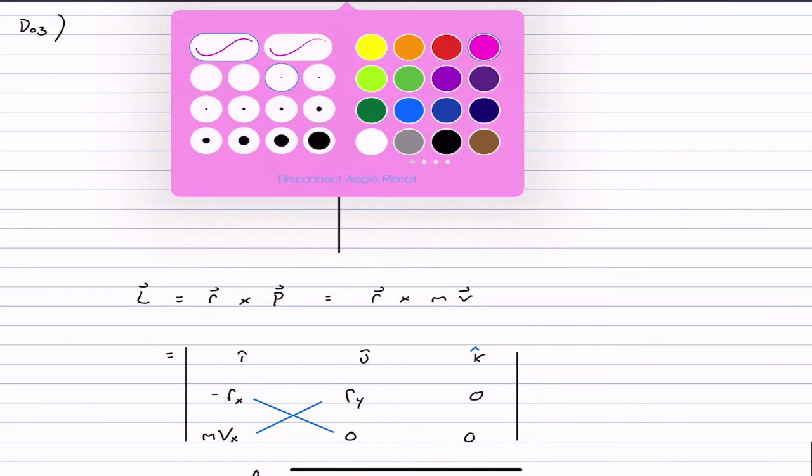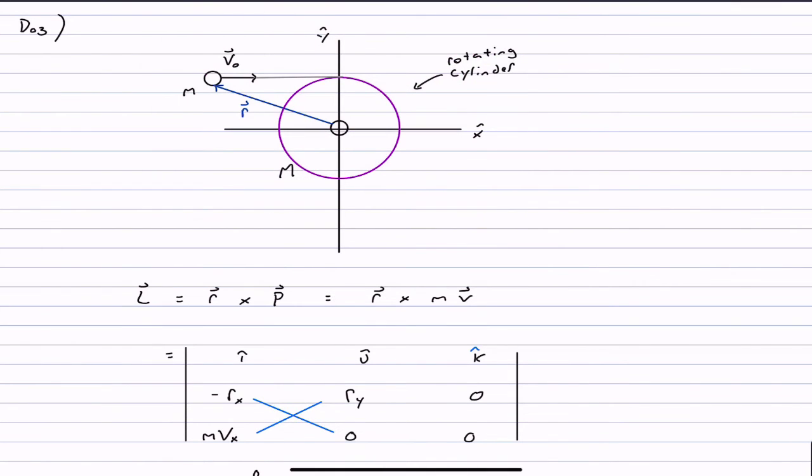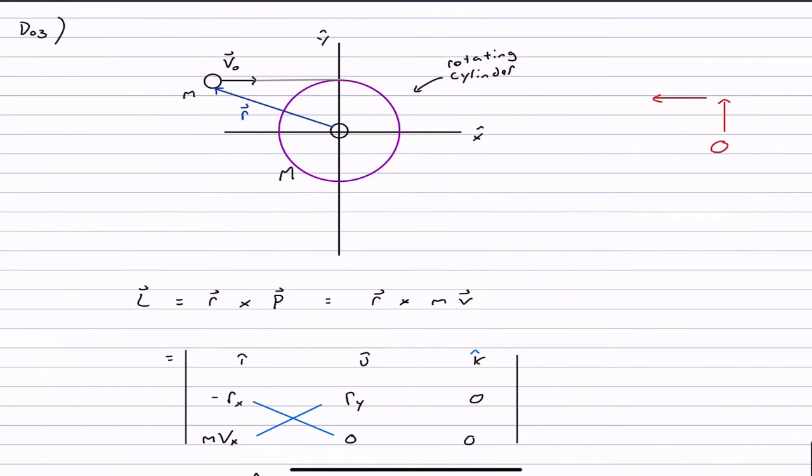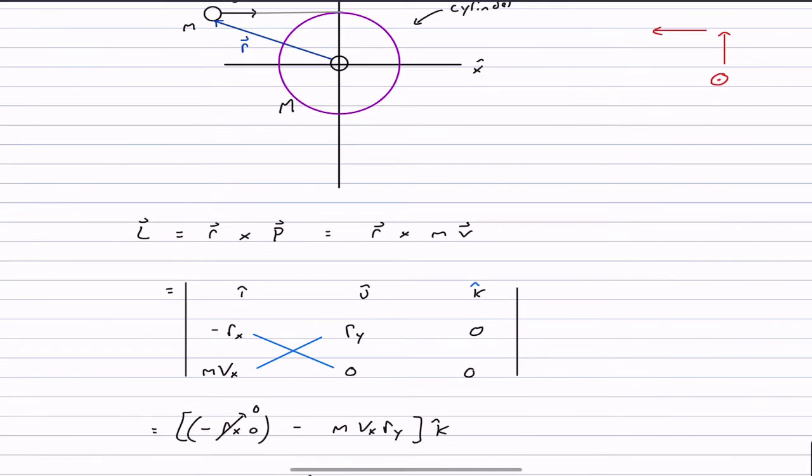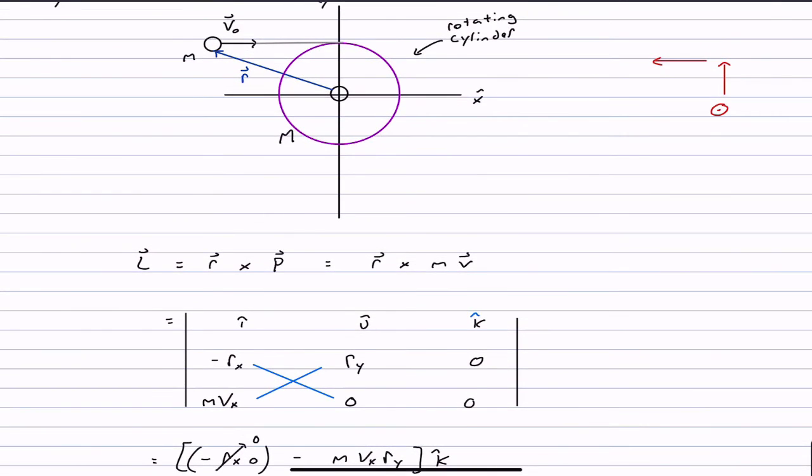We want to point our fingers in the direction of r, which is going to be straight up. That's r, and then cross p, which would typically be in the direction of your momentum. That's going to give you a positive k hat direction, with the thumb pointing straight up. But since it's backwards, it's hard to show you.